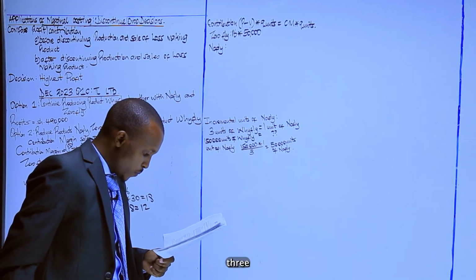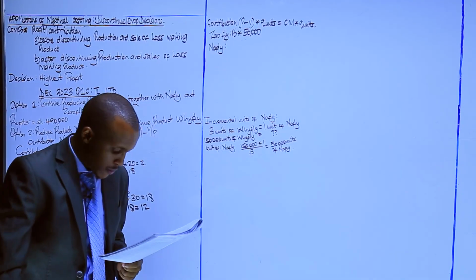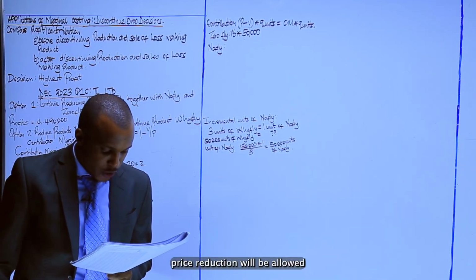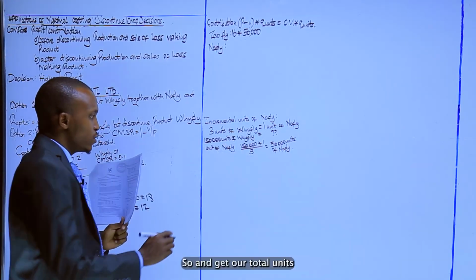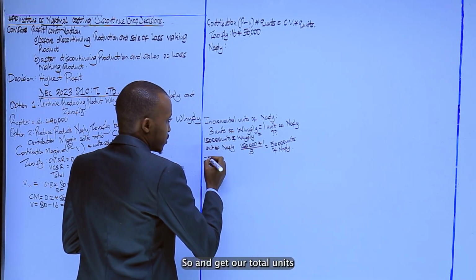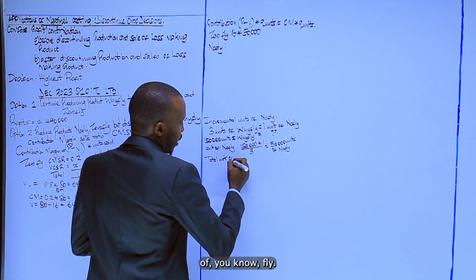Then note number 3: to increase demand for No Fly, a 20% price reduction will be allowed next year after dropping Y Fly. So let's get our total units of No Fly.